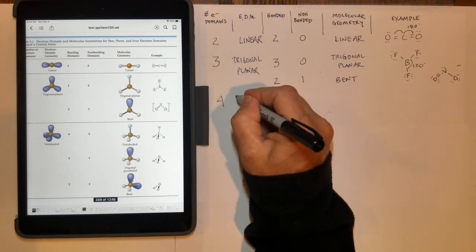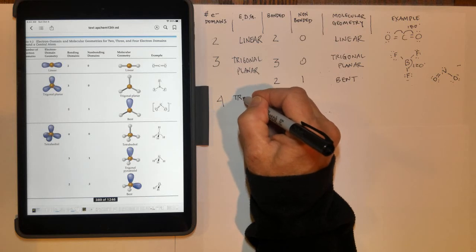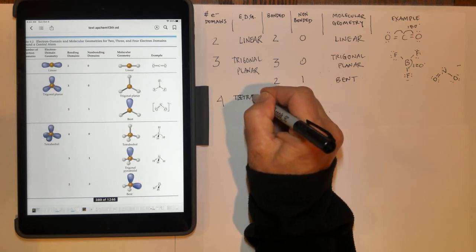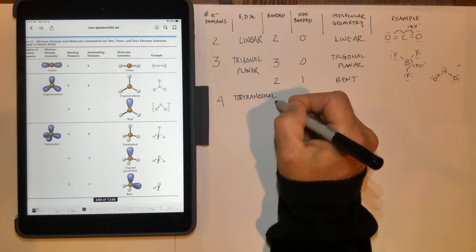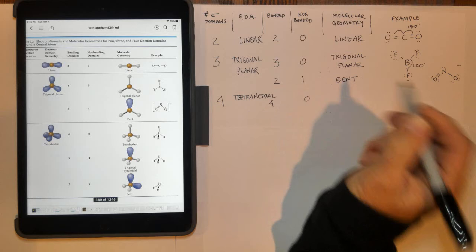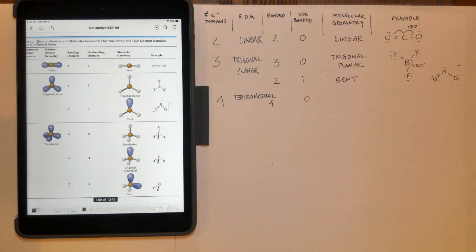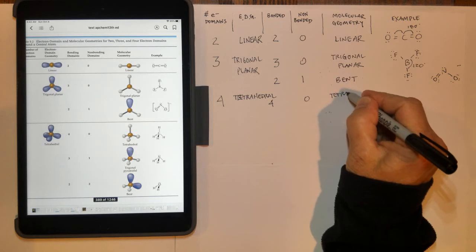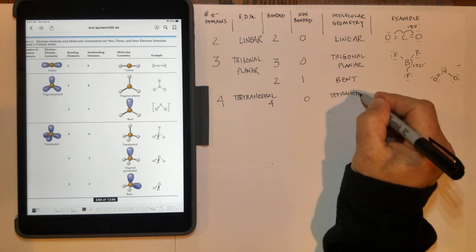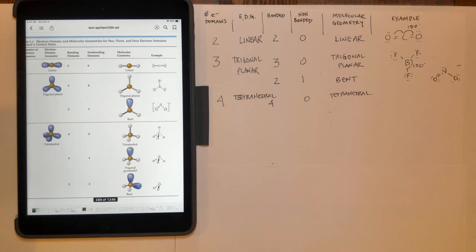Alright, 4 electron domains. This electron domain geometry is called tetrahedral. Tetrahedral has 4 and 0 in the main, basic member of the family, and that one would be called tetrahedral.